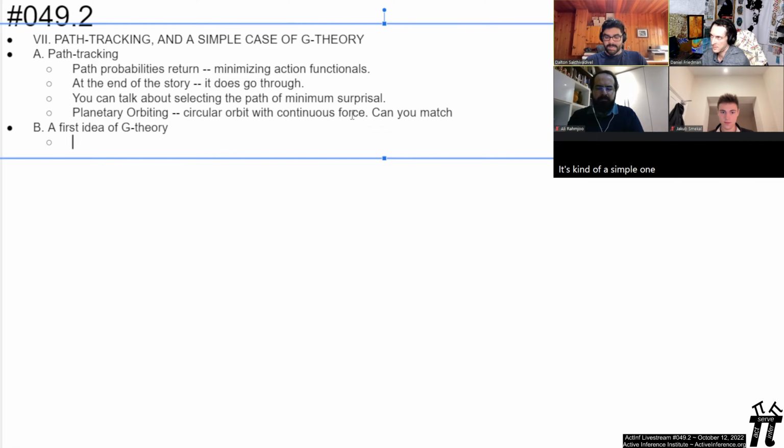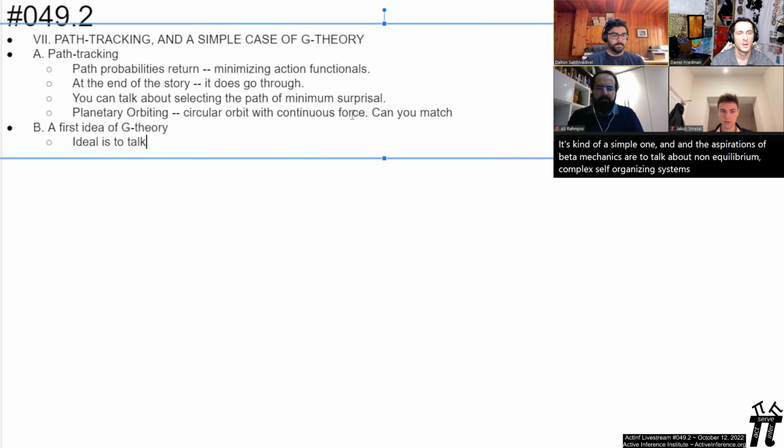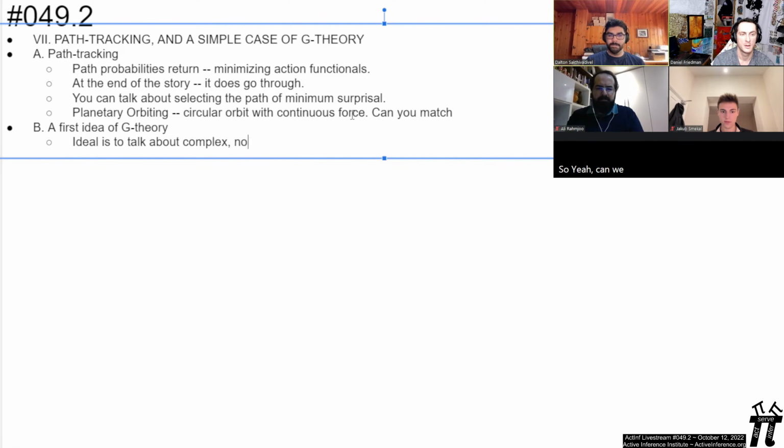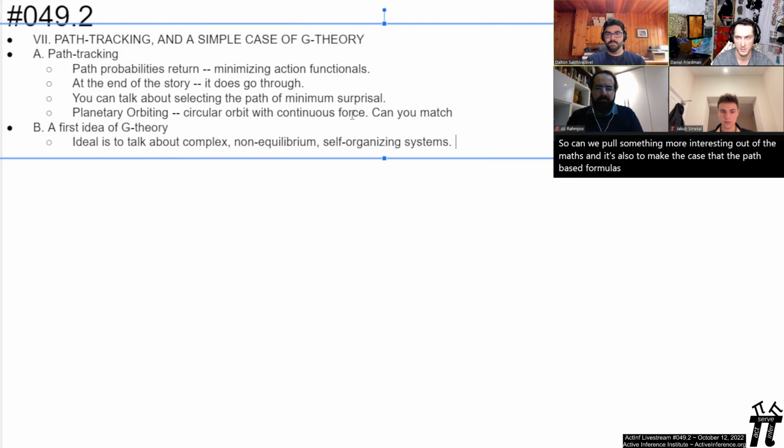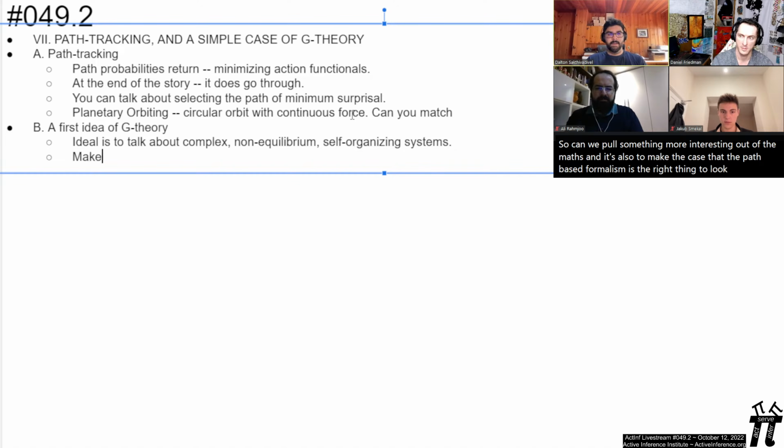And the aspirations of Bayesian mechanics are to talk about non-equilibrium, complex, self-organizing systems. So can we pull something more interesting out of the maths? And it's also to make the case that the path-based formalism is the right thing to look at when we want to pull something interesting out of the maths. And so the answer to the first question is yes.